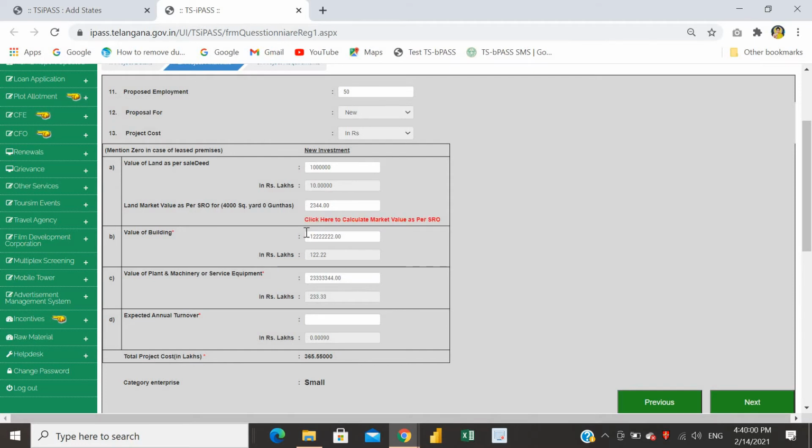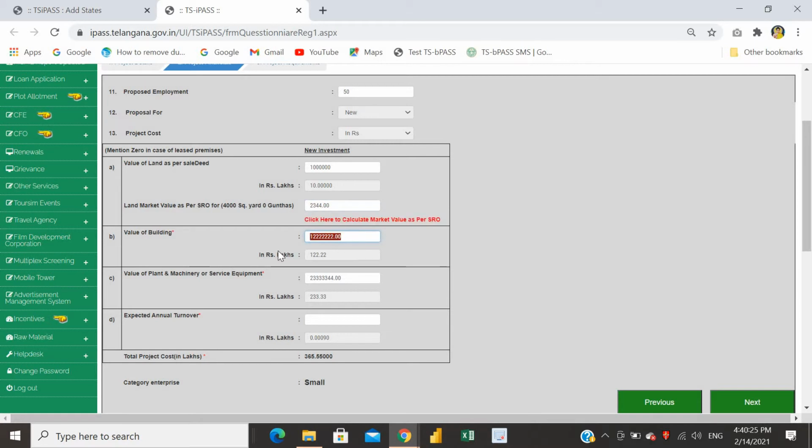I have to calculate what the land value is. You can put the land value as per the market value certificate obtained, or you can use the link of the registration and stamps department and get to know the land market value. This particular field is required for calculating the NALA fee.